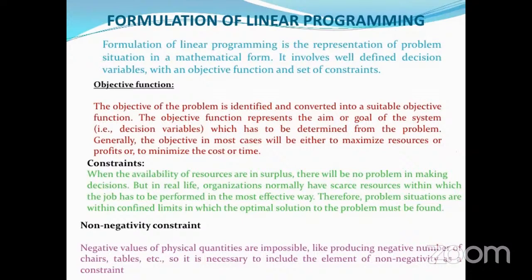Non-negativity constraint, as I told you: negative values of physical quantities are impossible, like producing a negative number of chairs, tables, etc. Negative number means what? You can't produce negative products. So it is necessary to include non-negativity as a constraint.